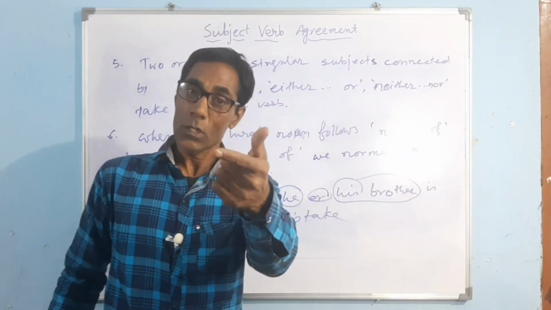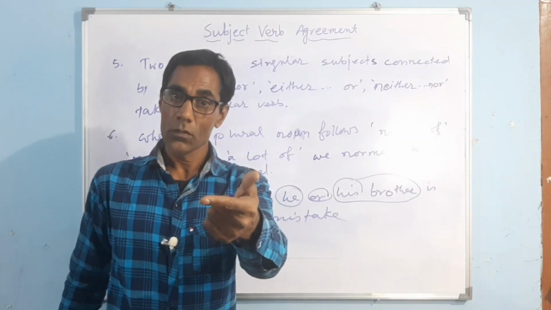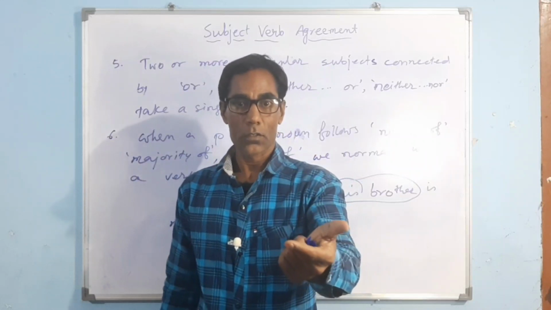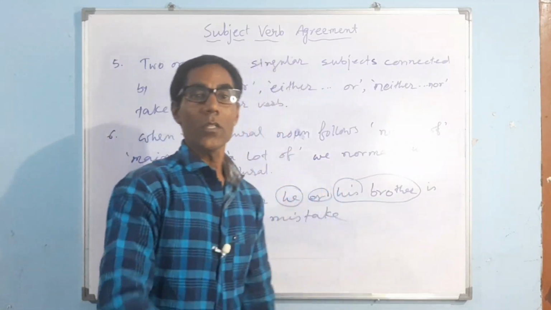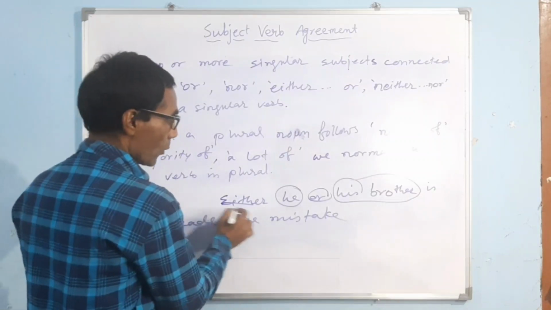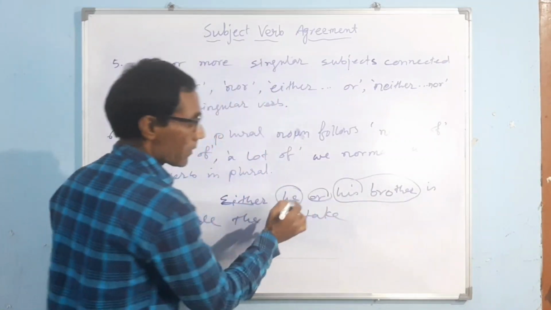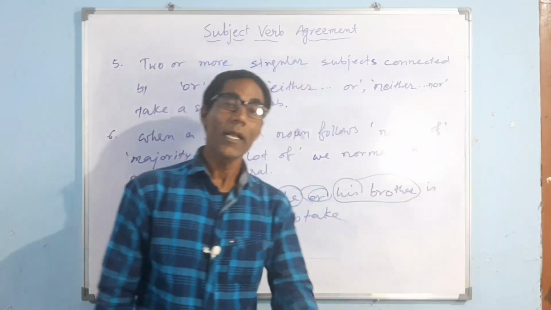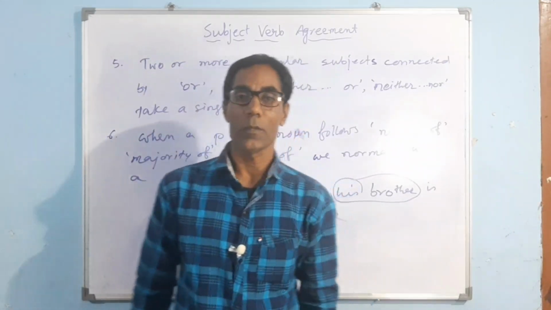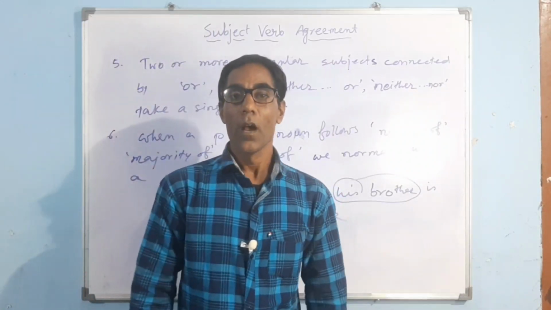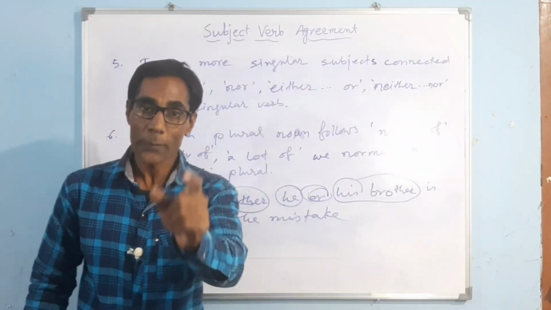So two or more singular subjects, as I told you, if connected with or, nor, either or, neither nor, in that case you have to use a singular verb. Therefore, he or his brother here is singular and connected with either or, so you have to use a singular verb.